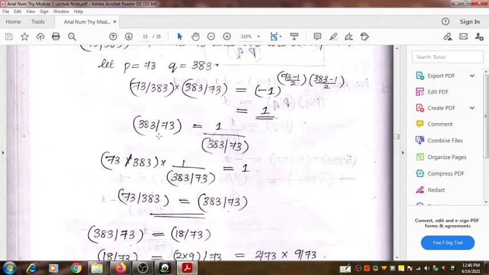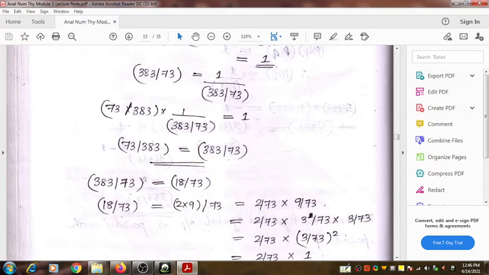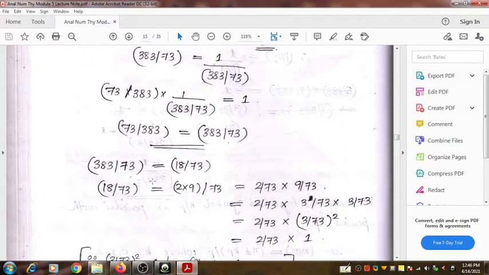Hence (73 bar 383) equals 1 divided by (383 bar 73). But you need to find (383 bar 73), and that equals (18 bar 73), and directly you can find the value.